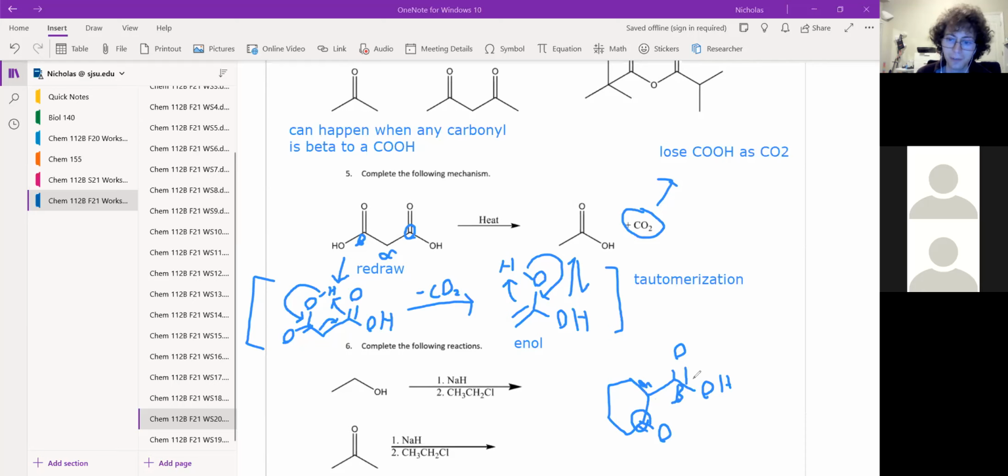So if you heated it, you could lose this as carbon dioxide in this mechanism. So just one of many potential examples of this reaction happening. And there's a name for this too, called decarboxylation. So you should also know that.